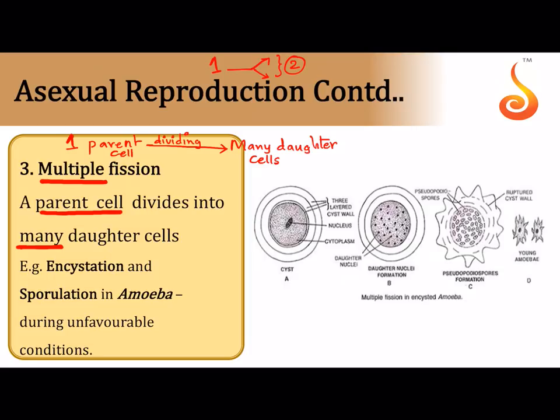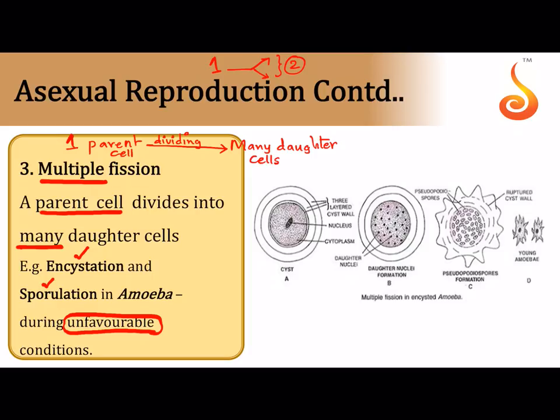In amoeba, there are two phenomena that are observed. One is called encystation and one is called sporulation. So let us see what happens. It is said that this happens mostly during unfavorable conditions. To tide over unfavorable conditions, amoeba divides by encystation and sporulation.